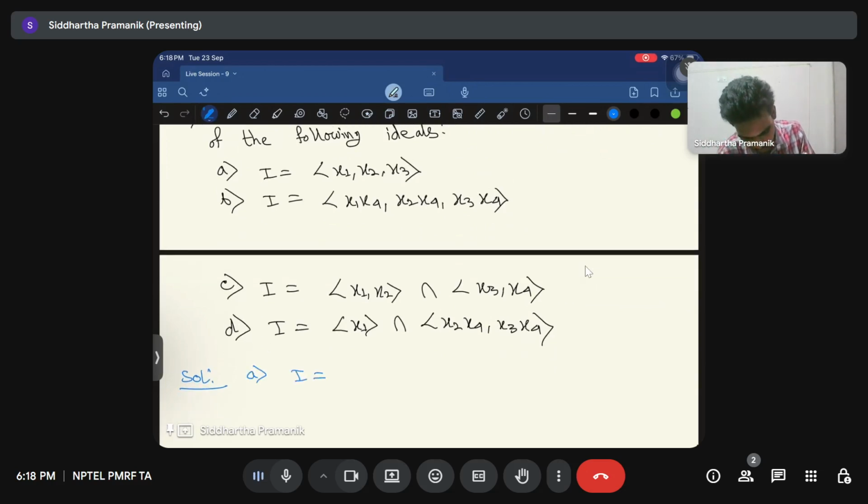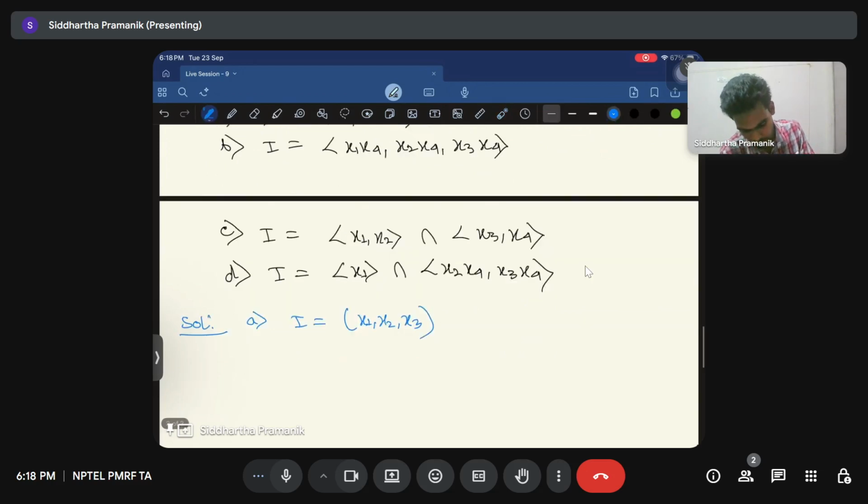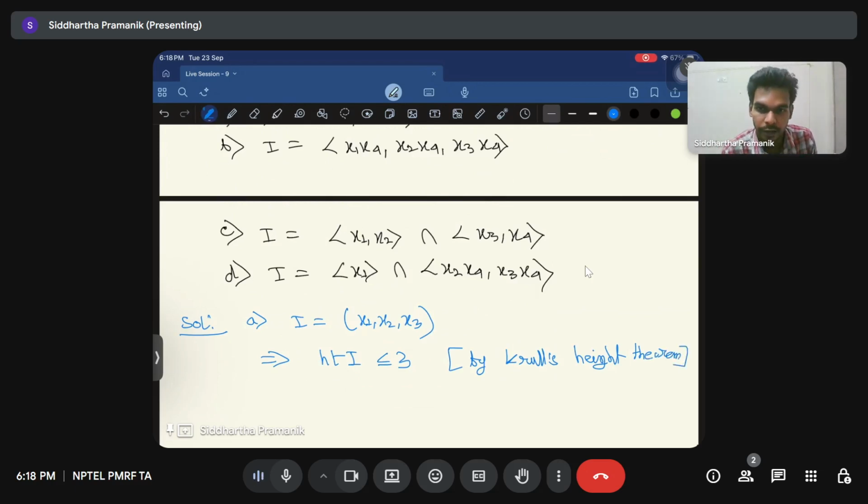so here I is the ideal generated by x1, x2, x3. So it is generated by 3 elements. So this implies height of I is less equals to 3. This is by Krull's height theorem, because it has a generating set containing 3 elements.